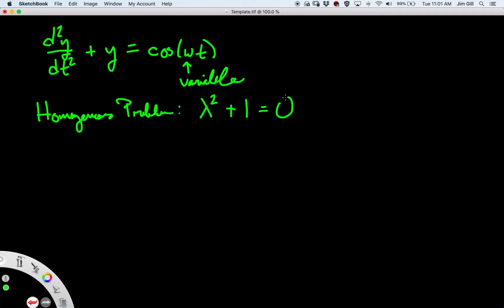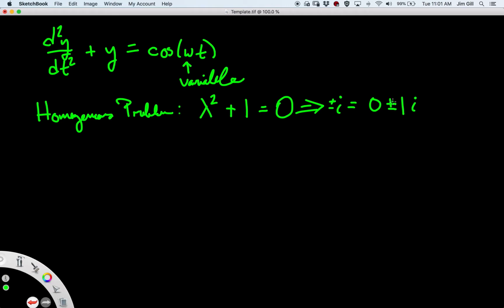And we want its roots, so we set it equal to 0. And that implies that we have i as our eigenvalue, plus or minus i, actually. And this is written in real and imaginary part. This is 0 plus or minus 1 i.